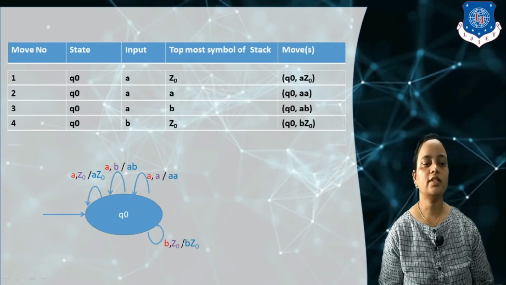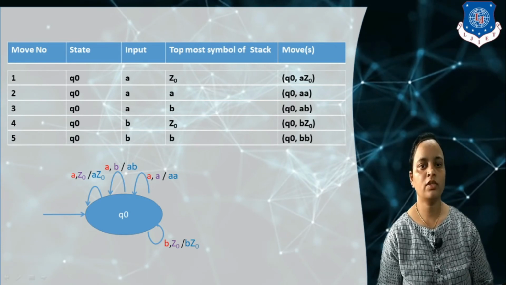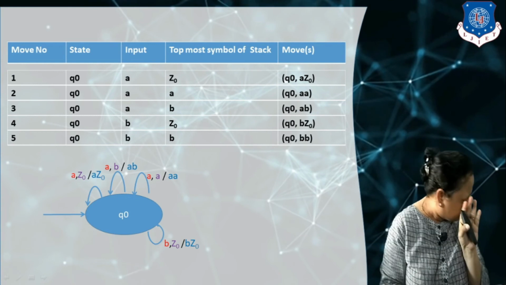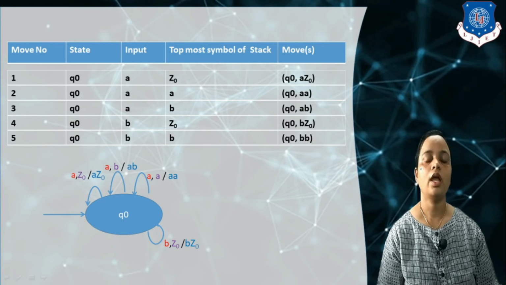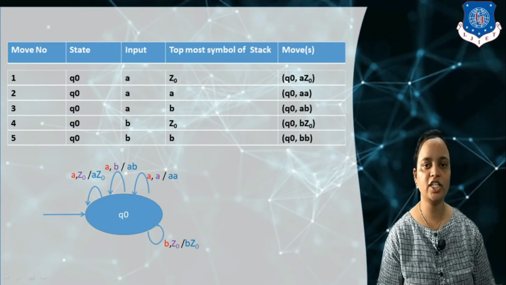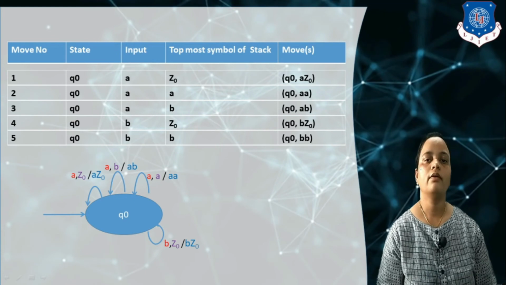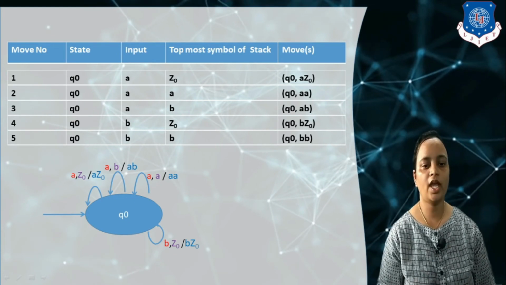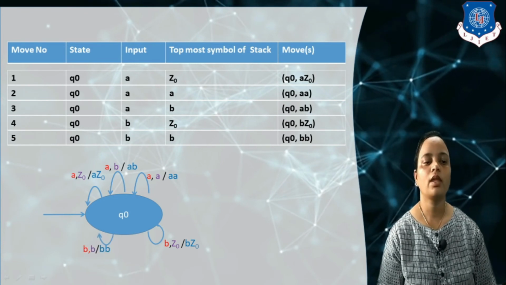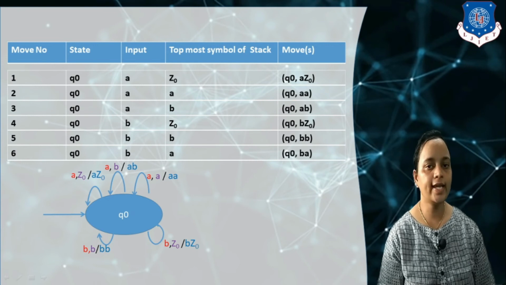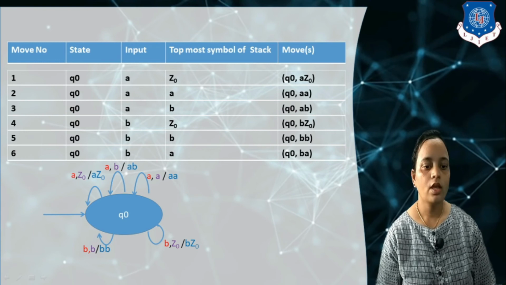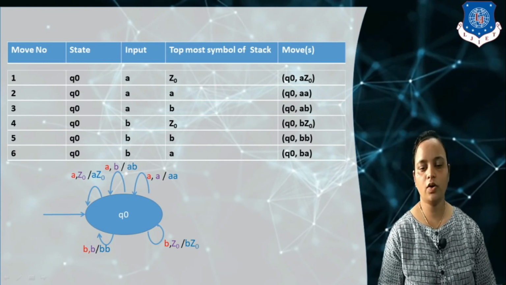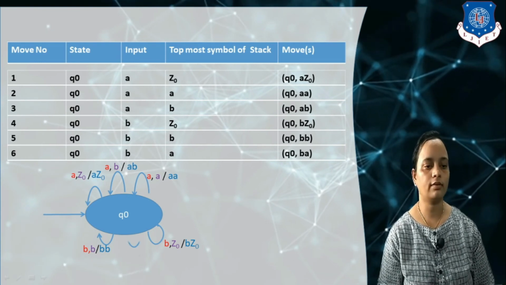Same way, if state is q0, input is B, and the top of the stack contains B, we stay at the same state q0 and perform a push operation, so q0 comma double B. Same way, if state is q0, input is B, and the top of the stack contains A, we stay at the same state q0 and perform a push operation, BA.